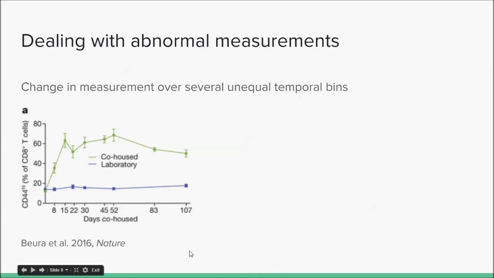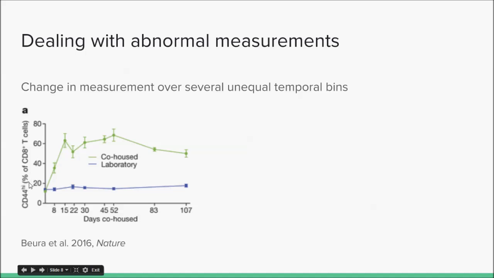In this paper, it's pretty cool, we're looking at the immune systems of laboratory mice and mice that were housed with other mice that had come from the pet store. So basically the argument was that their immune systems were different because the environment they were exposed to was quite different.